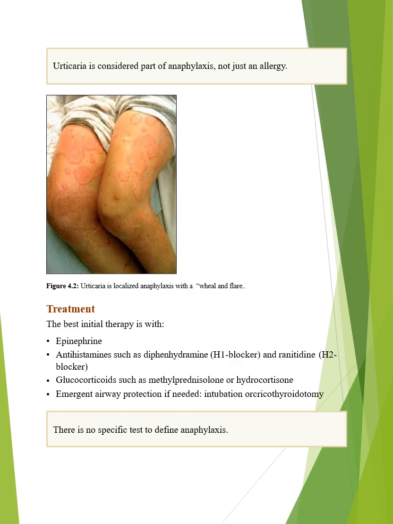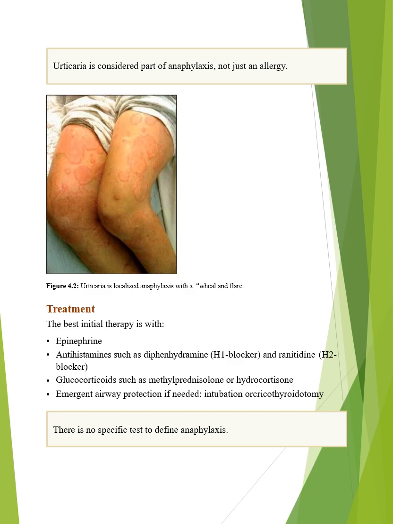The best initial therapy is number 1, epinephrine, number 2, antihistamines such as H1 blocker as diphenhydramine or H2 blocker as ranitidine. Number 3, glucocorticosteroids such as methylprednisolone and hydrocortisone.